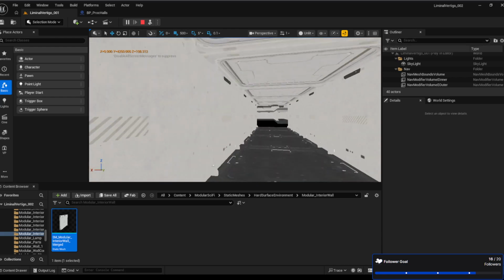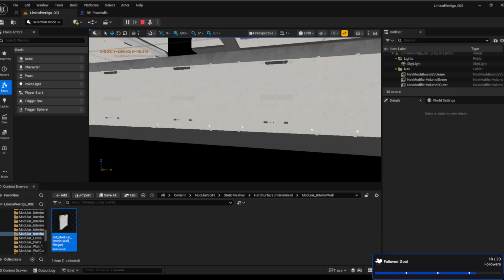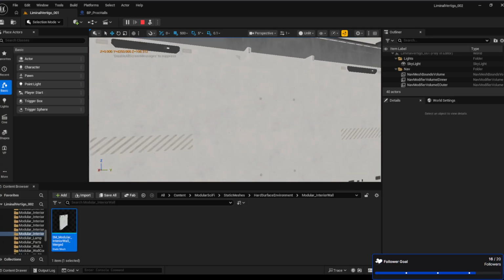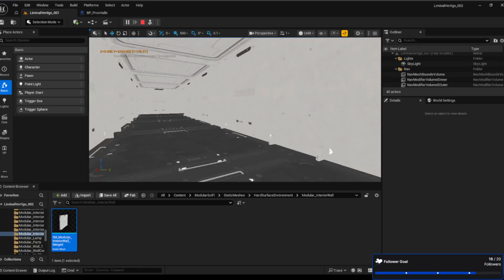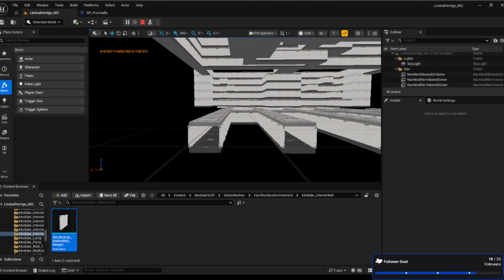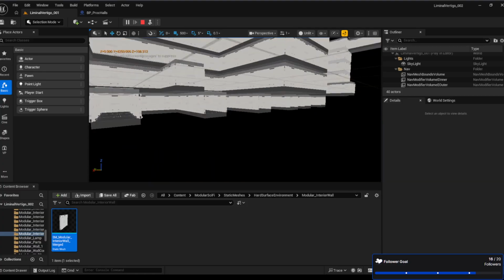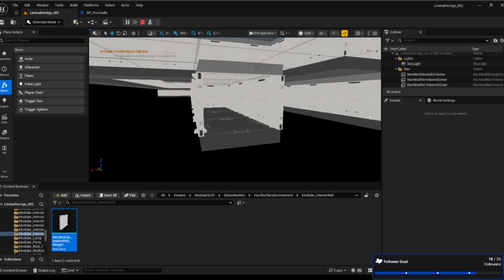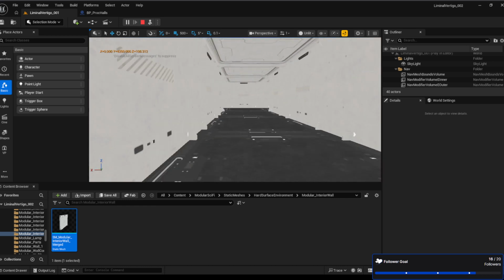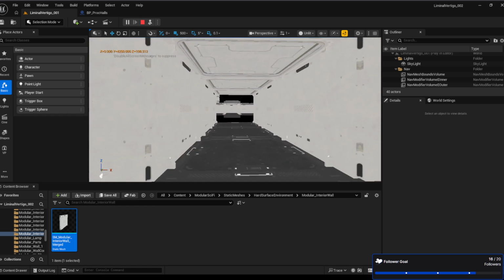That one blocked that one, and that one blocked that one. So somewhere down here is not working properly. This one is unblocked.